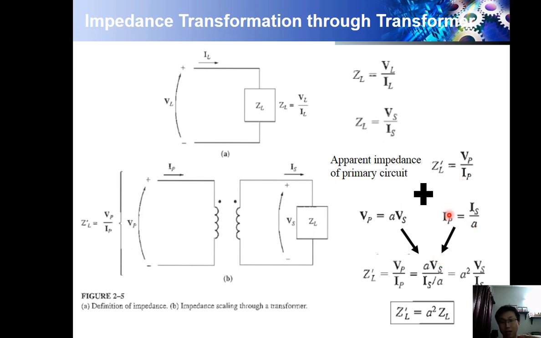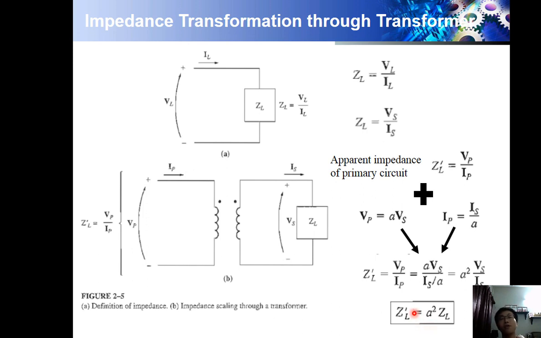So I substitute Ip and Vp here, then I have ZL prime equals Vp divided by Ip, which is like this. Then Vs divided by Is is actually ZL. So I substitute ZL, and I find ZL prime equals A squared ZL.